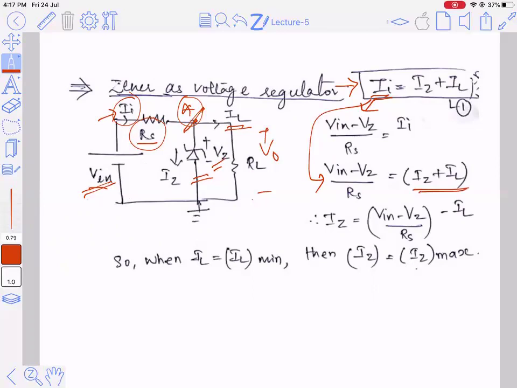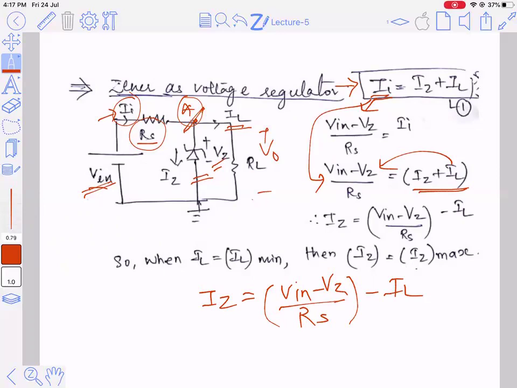So what is Iz equal to? You are going to take this on the other side. So Iz equals VN minus VZ over RS, minus IL.